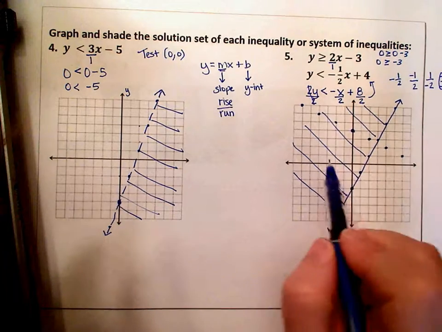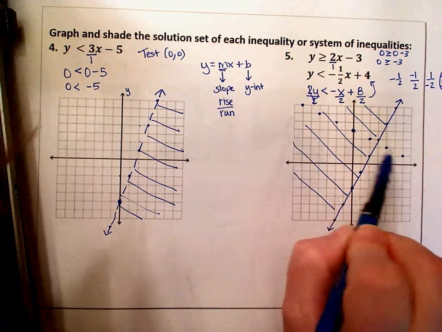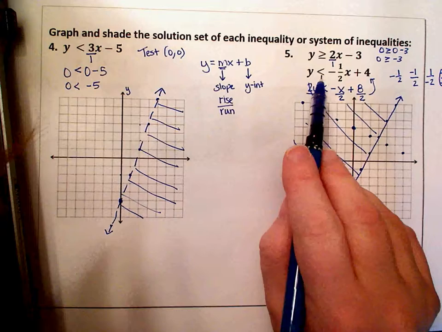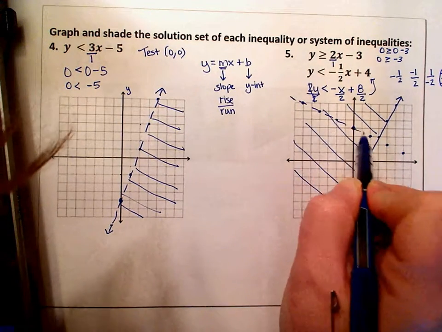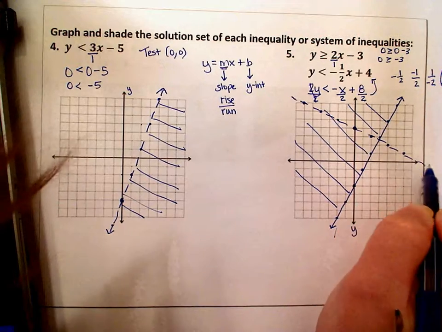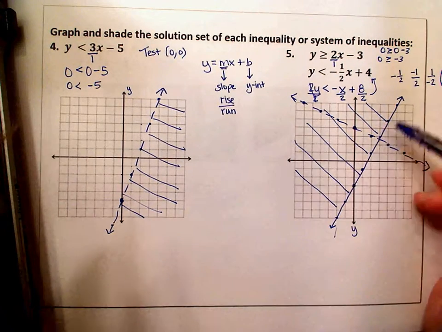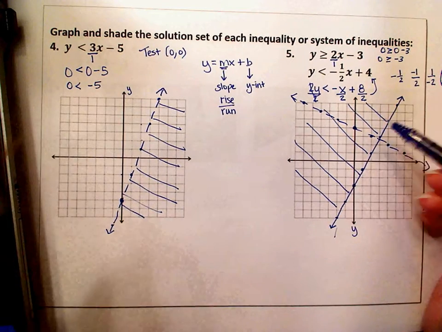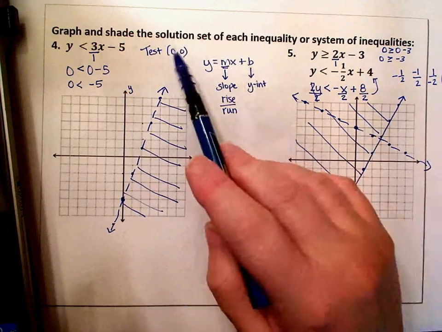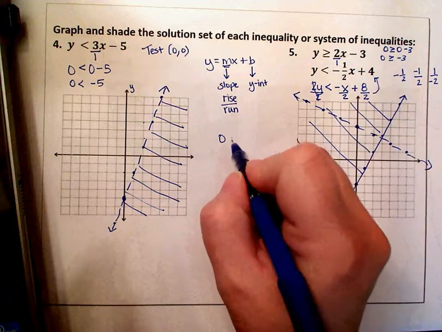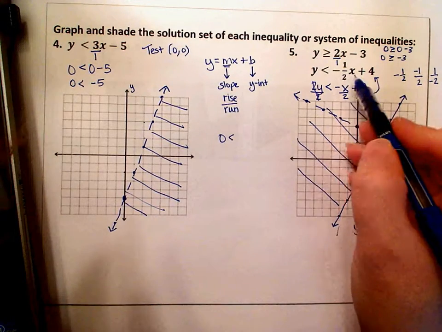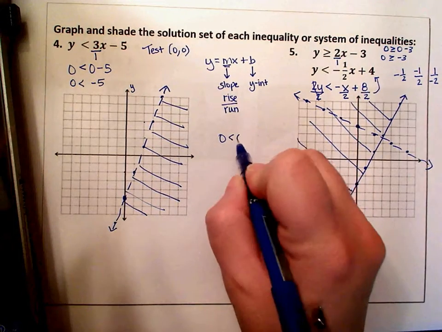So go up 1, left 2, up 1, left 2, up 1, left 2, and get the points on the other side. Now on this one, I'm not going to do a solid line because I don't have the equal to bar. I'm going to do a dotted or a dashed line through those points, and then I need to figure out which side to shade again. So using our test point of 0, 0, if y is 0, I'd have 0 is less than -1/2 times 0, anything times 0 is 0, plus 4.